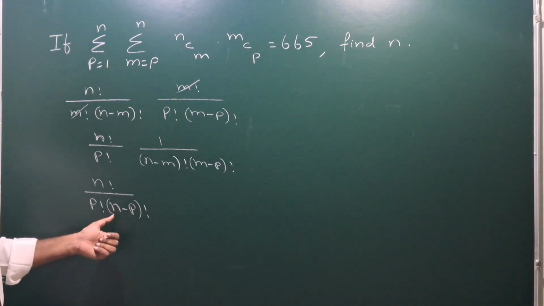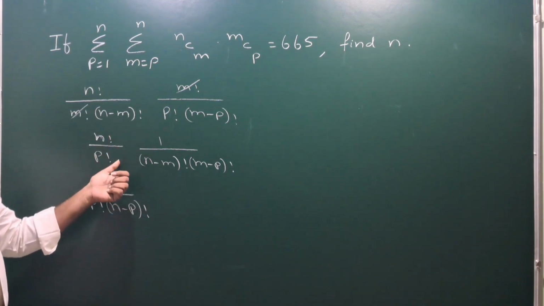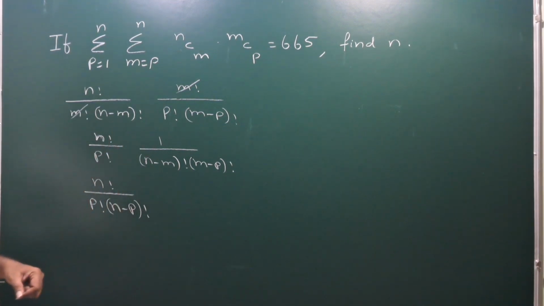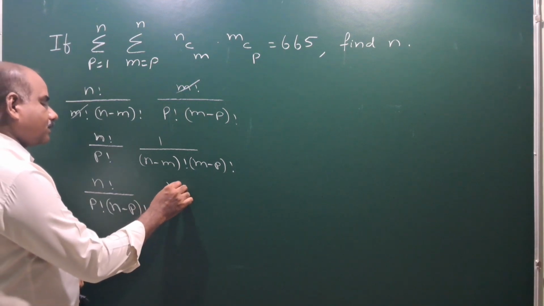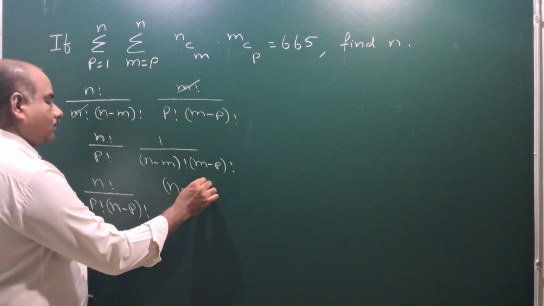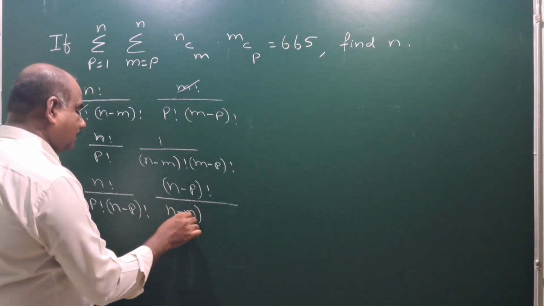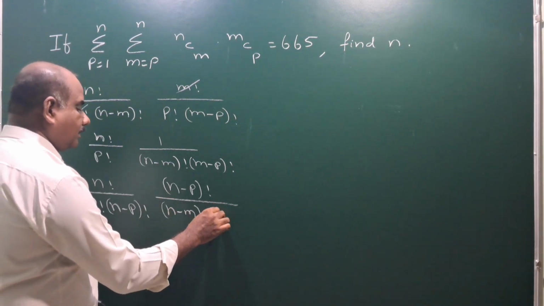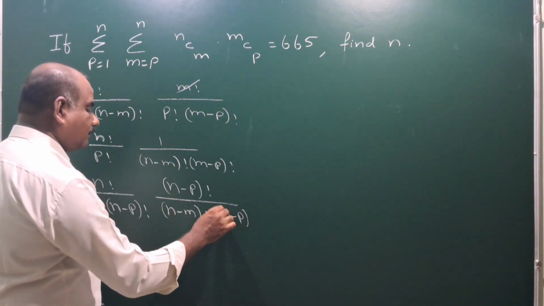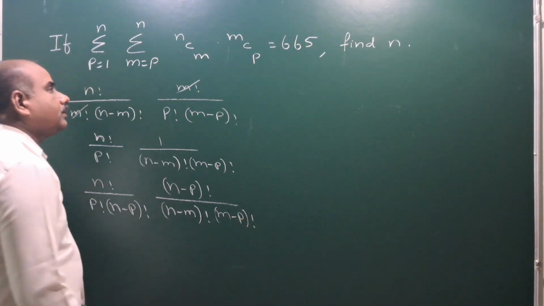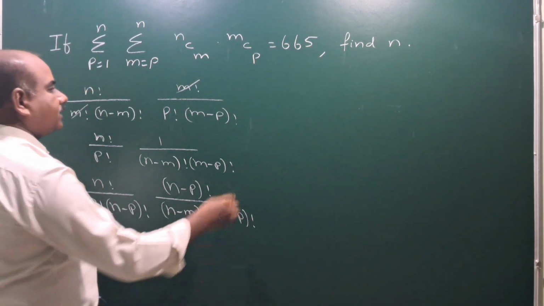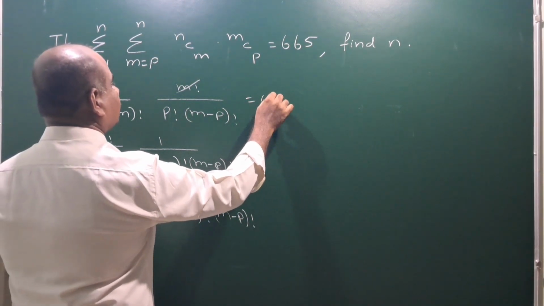So here also, n minus p factorial by n minus m factorial into m minus p factorial, which is equal to 665.